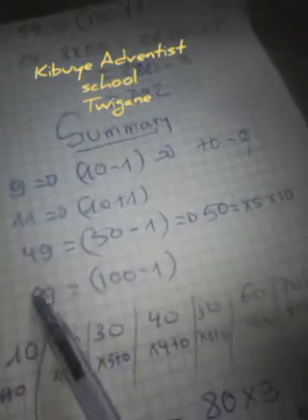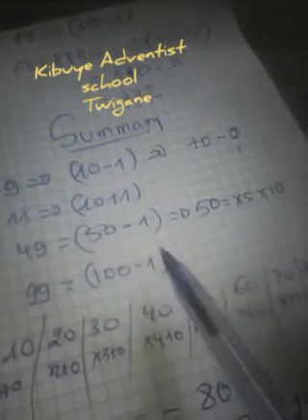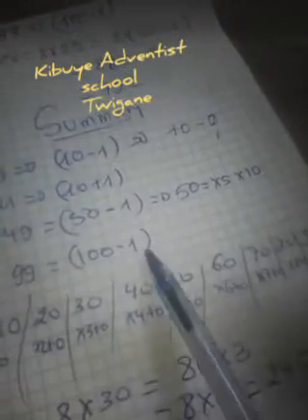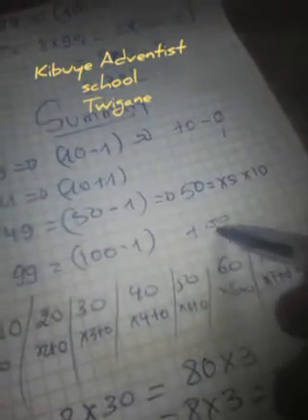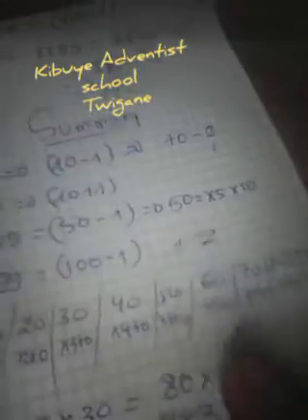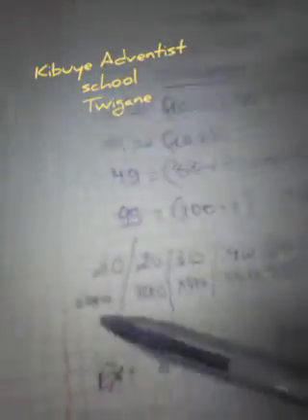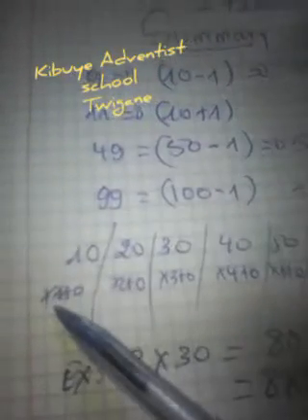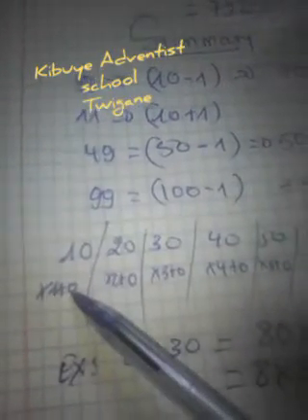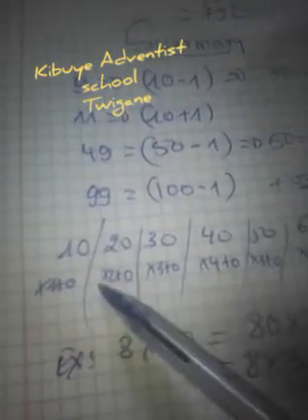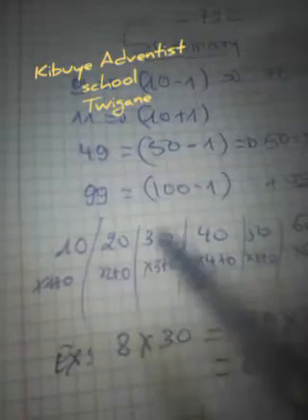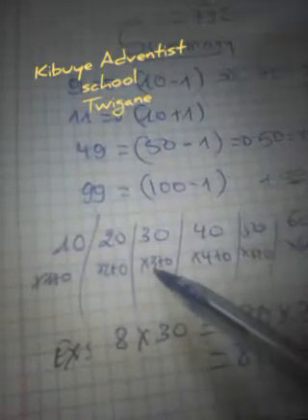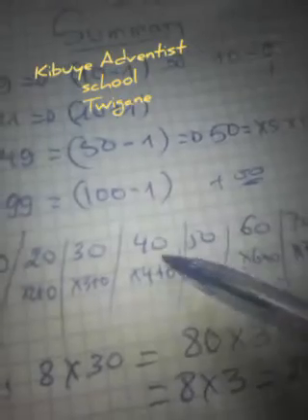So in P4, you remember that you have seen how to multiply quickly by 10, by 20, by 30, by 40, by 50, 60, until 90. You take that number, multiply by 2, or multiply by 4, multiply by 10, multiply by 5, multiply by 10, multiply by 6, multiply by 10, multiply by 7, multiply by 8, add 0, or multiply by 10.